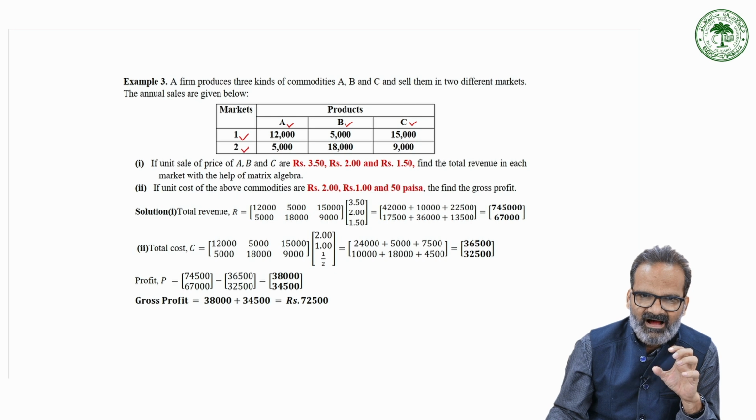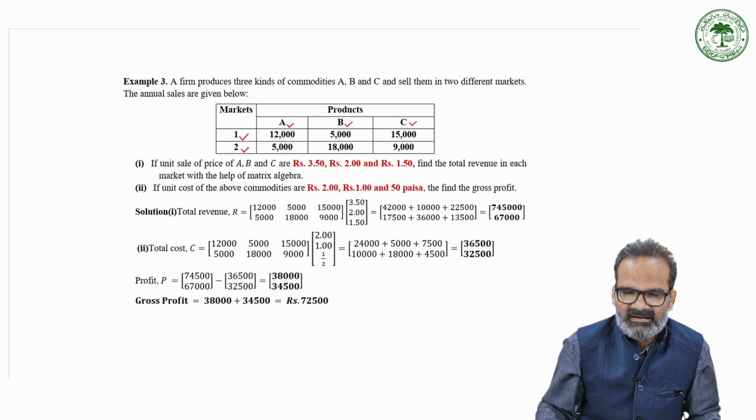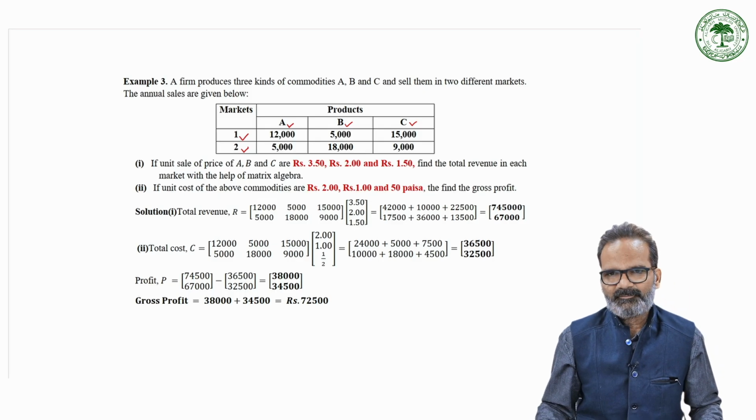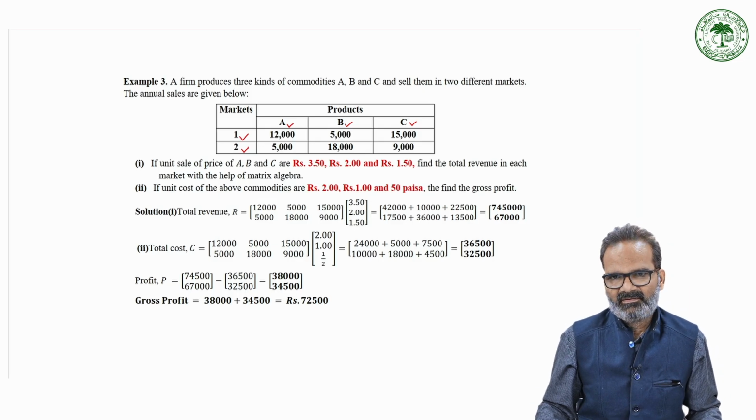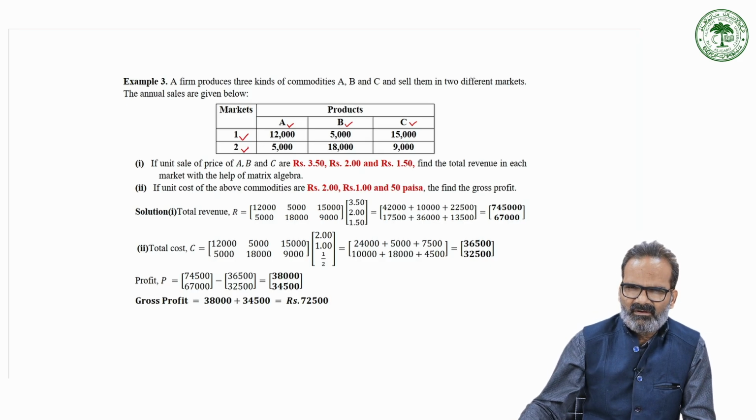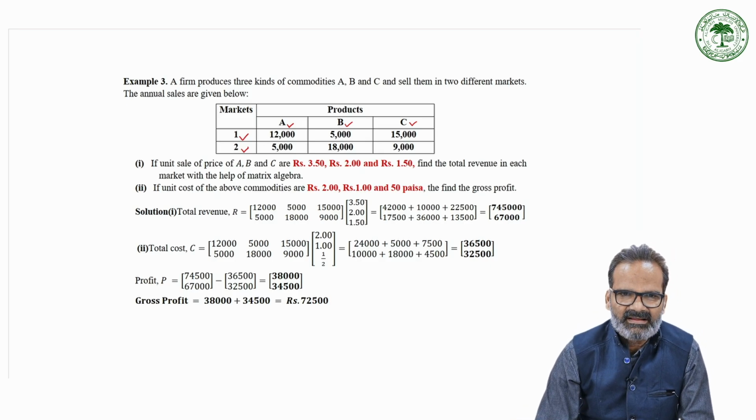So the sale price of 3 commodities A, B and C means the price of a single commodity is given here. The price of a single unit of A is rupees 3.50, of B rupees 2, and of commodity C rupees 1.50. So we have to determine the total revenue in each market with the help of matrix algebra.